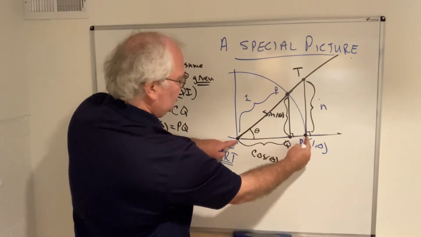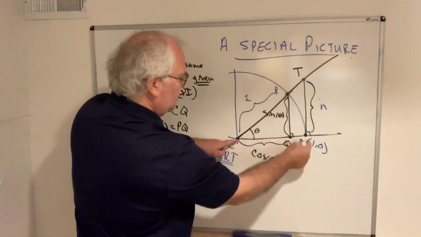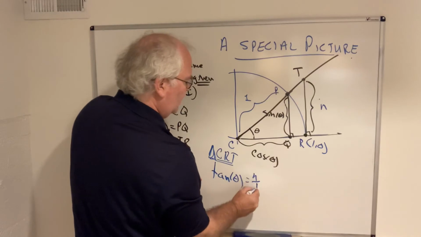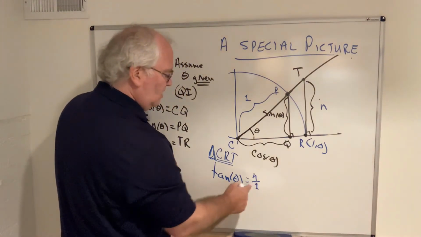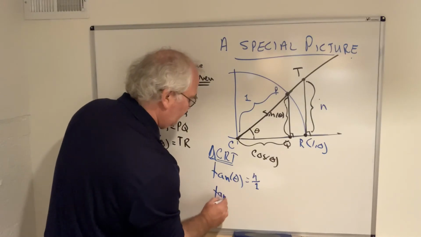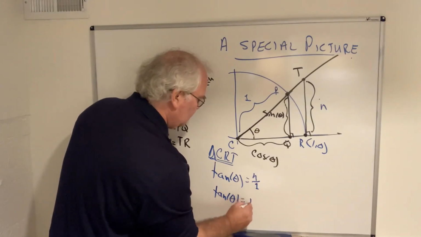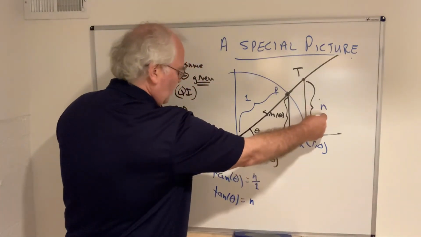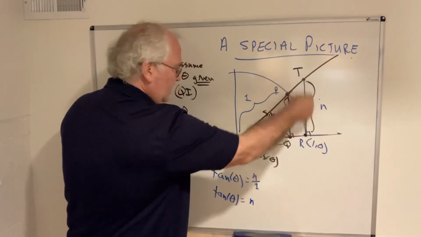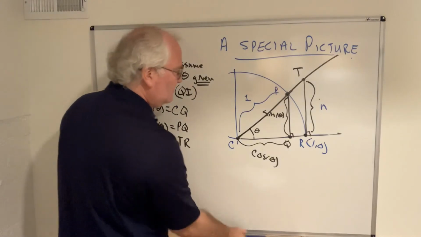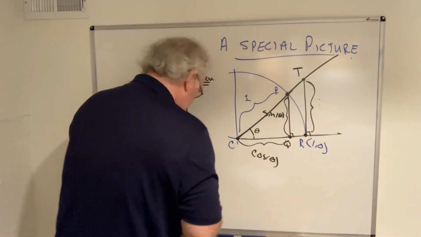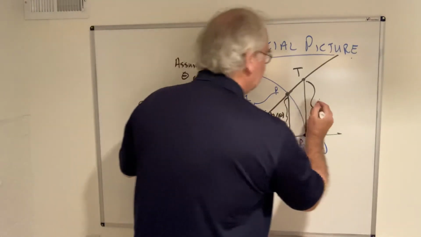But CR, adjacent, we know what that distance is. It's the unit circle. That distance is 1. And so that simplifies to say tangent of theta is that distance N that we were looking for. Well, what is N? N is TR. And so from that argument, it shows that this distance is, in point of fact, tangent of theta.